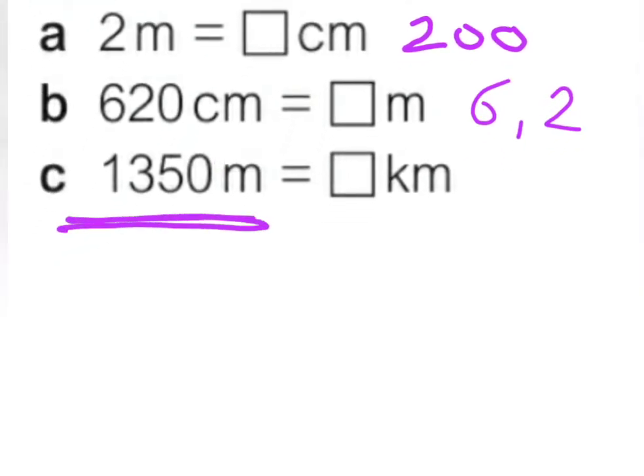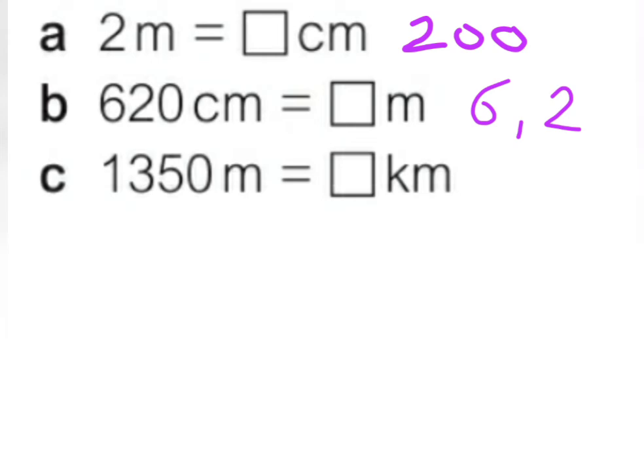Same idea here. Turning meters into kilometers. We are turning from the smaller one to the bigger one, so we are going to divide. As the rule says, if you turn from a big one to a small one, you multiply. But if you're turning from a smaller one to a bigger one, you divide.